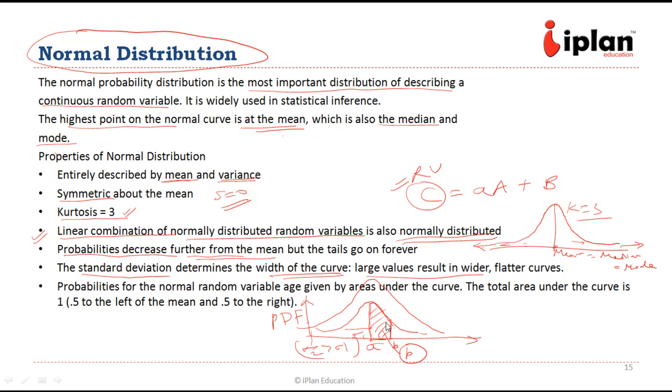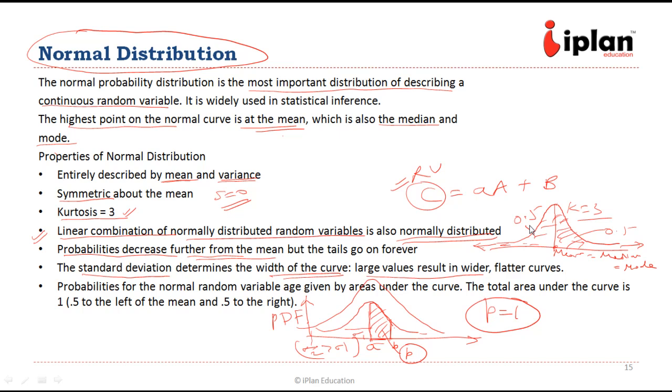The total area under this curve will be 1. Since it is exhaustive and represents all the values, the summation is going to be 1. And since it is symmetric, the area on the right-hand side is 0.5 and the area on the left-hand side is again 0.5.